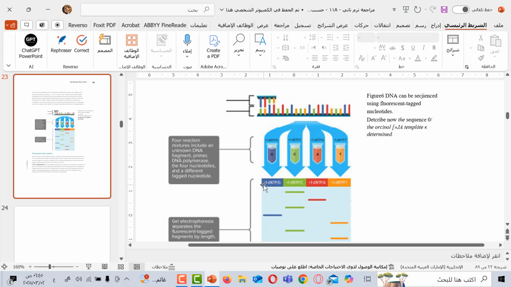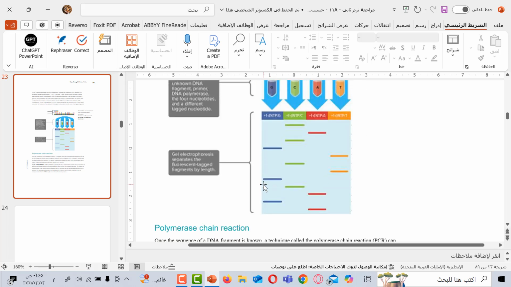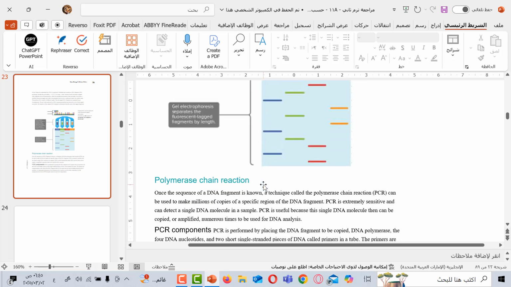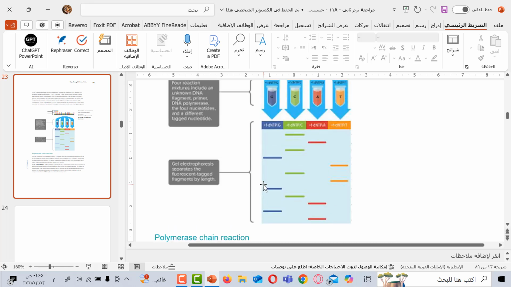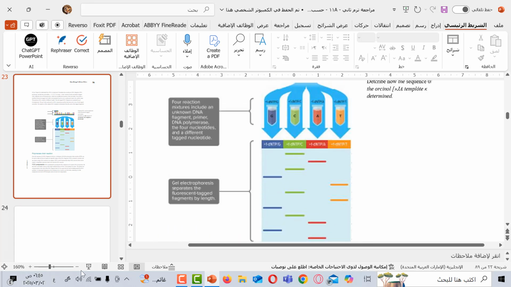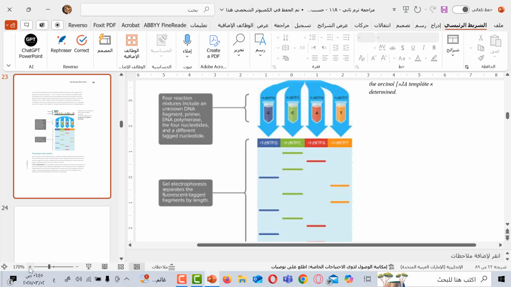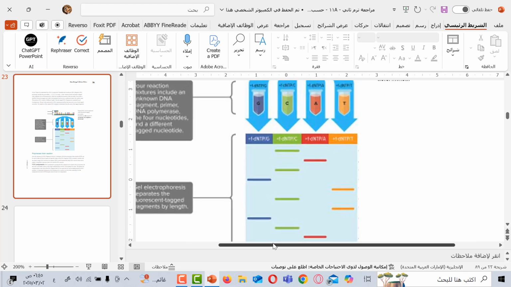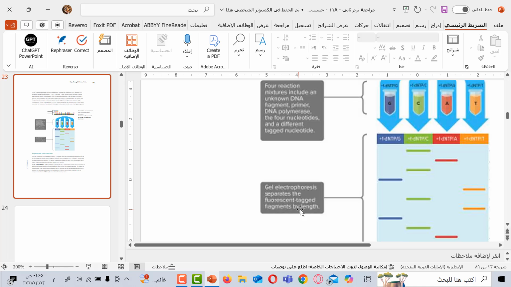Let us see some questions about it. I can't read what is written here, my vision is not clear, but I know this one is called gel electrophoresis.